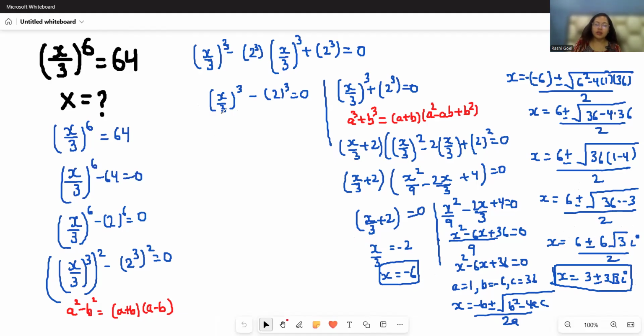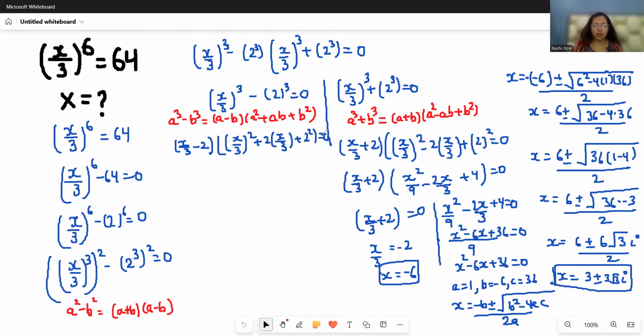Now come and solve (x/3)^3 - 2^3 equals 0. So here again I'm using the identity a^3 - b^3 = (a - b)(a^2 + ab + b^2). So it's (x/3 - 2) times ((x/3)^2 + 2 times x/3 + 2^2) equals 0.